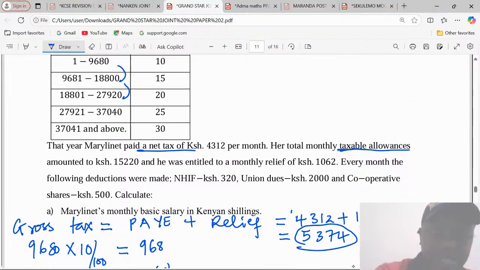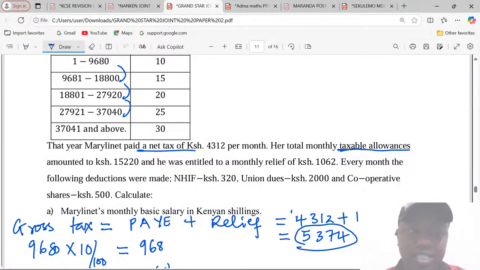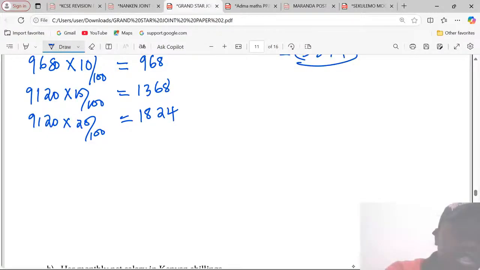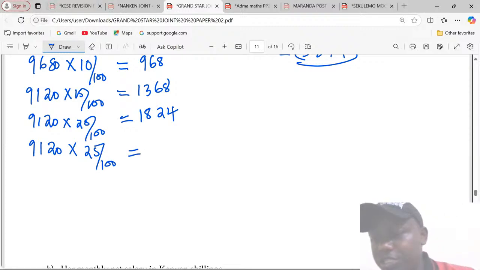Let's keep taxing. In the next bracket, I should pick 37,040, subtract 27,920. This gives us again 9120 at 25%.